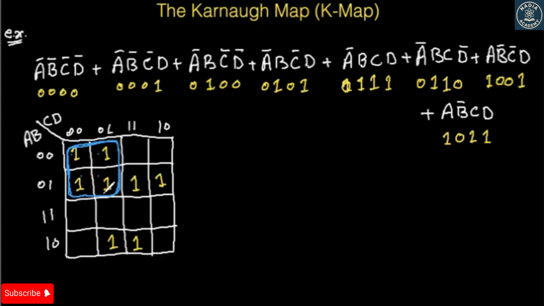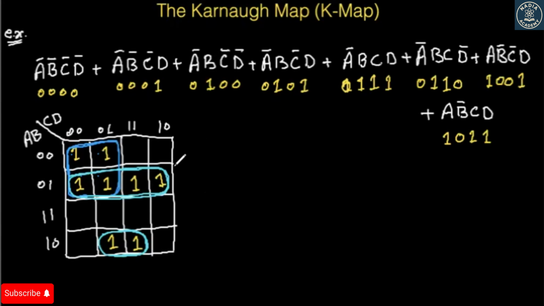Then our next group is 1, 2, 3, 4, and these two elements are overlapping this time. So the loop is over here. And then these two are also neighbors, so we can make a group of 2 ones. So these are our 3 groups.